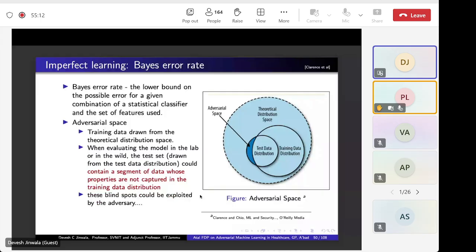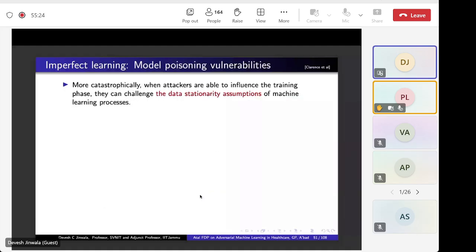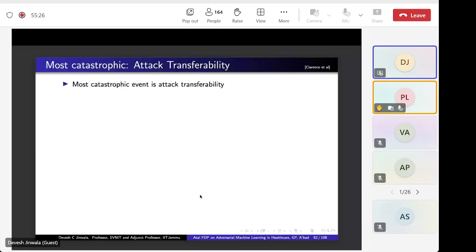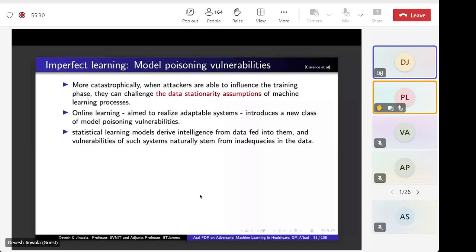I'm trying to give you some foundations on what adversarial machine learning rests on. So I'll skip this particular slide, which talks about imperfect learning. I explained the cause of imperfect learning earlier, or model poisoning. I explained what model poisoning is earlier.